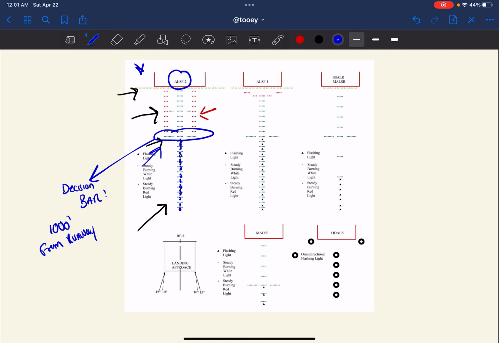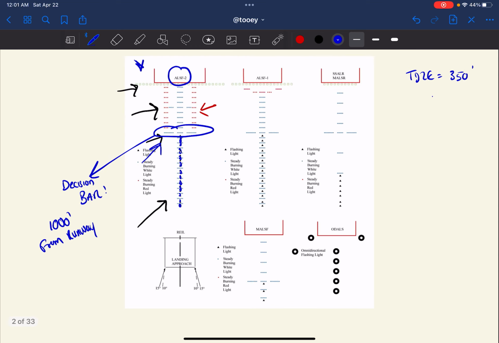But what that allows you to do, if you have them in sight, is descend 100 feet below your touchdown zone elevation. For example, if your touchdown zone elevation equals 350 feet and you have those lights in sight, you can go 100 feet lower, which would be 250 feet.